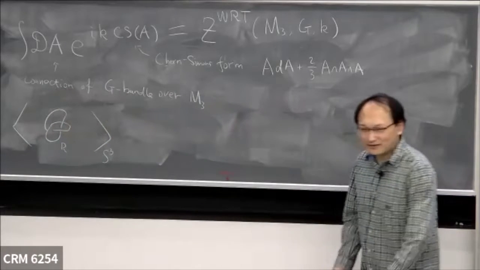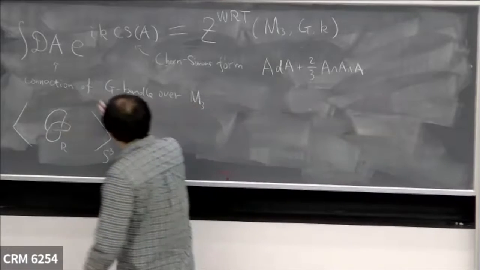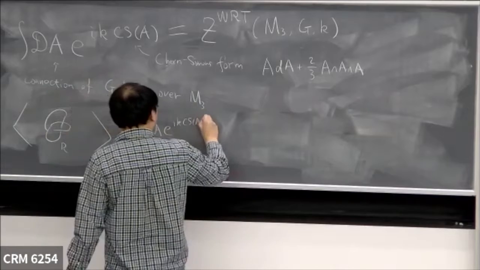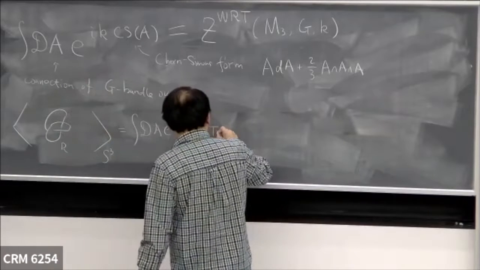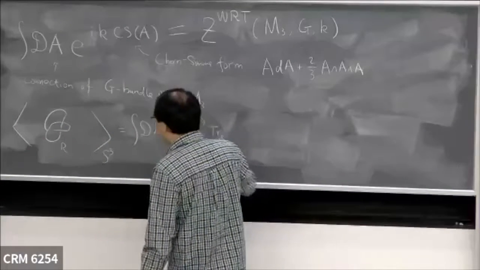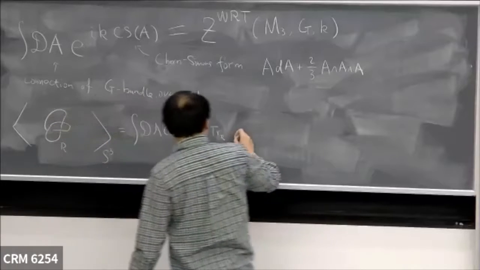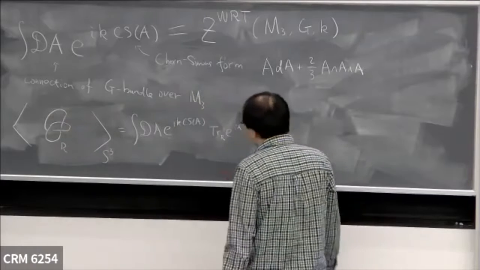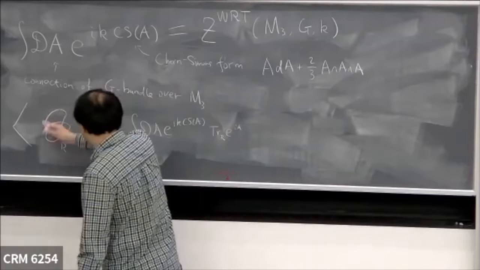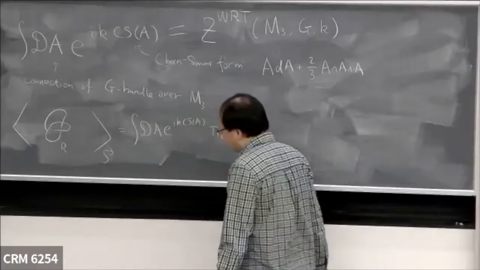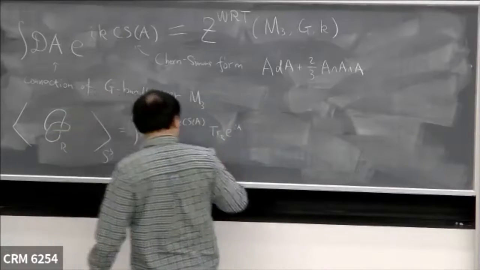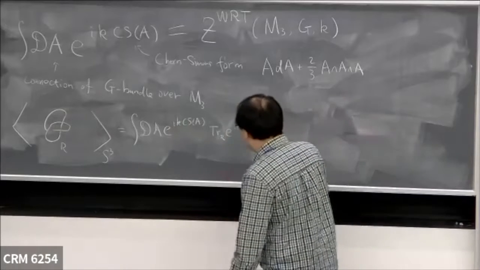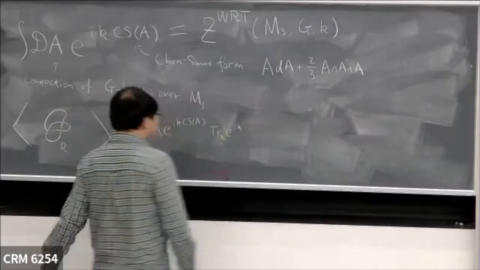This is an observable, so it's a path integral with an insertion. You have the same path integral, but with the trace of the holonomy of the connection along this knot, taken in representation R. Maybe I'm not writing it in the proper way, but you know what this is.